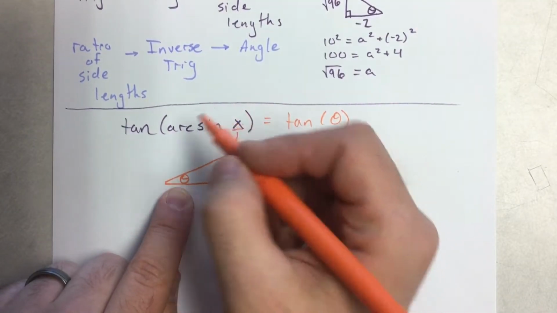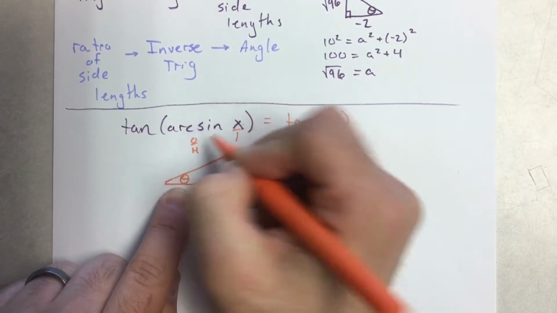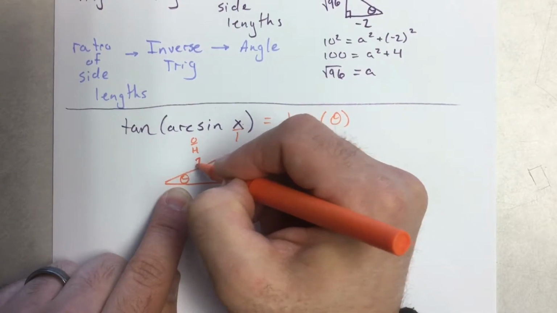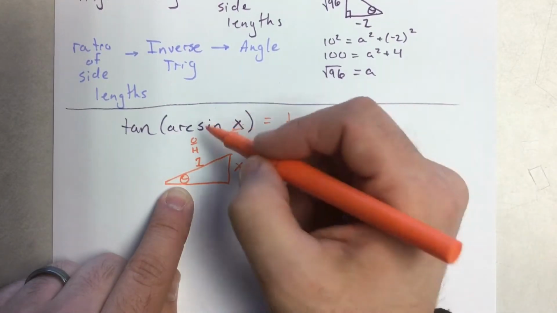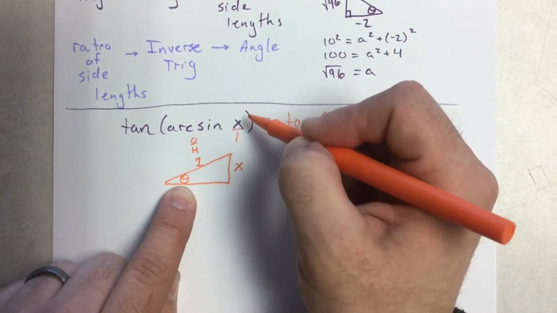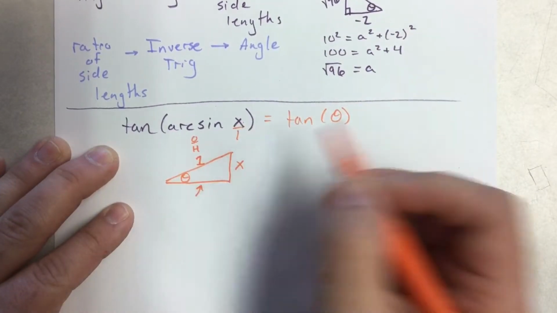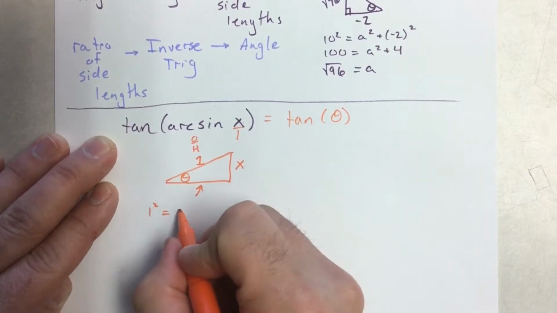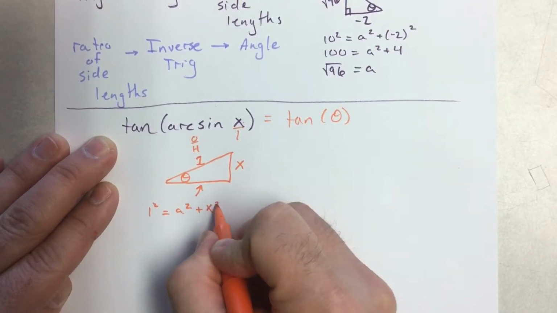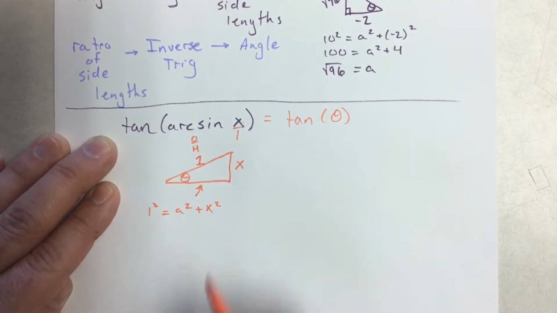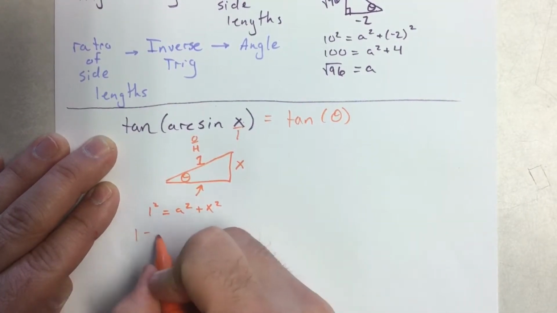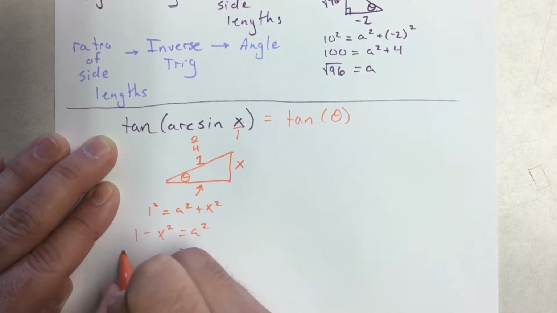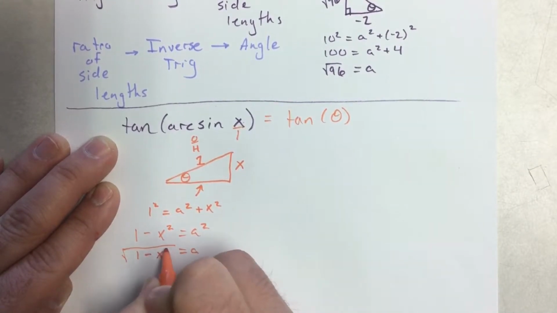Sine's opposite over hypotenuse, so the opposite must be x in that case, and our hypotenuse must be 1. Then our unknown side, using the Pythagorean theorem, we have 1 squared equals a squared plus x squared. We're going to move our x squared over to be 1 minus x squared equals a squared. So then this length a is going to equal the square root of 1 minus x squared.